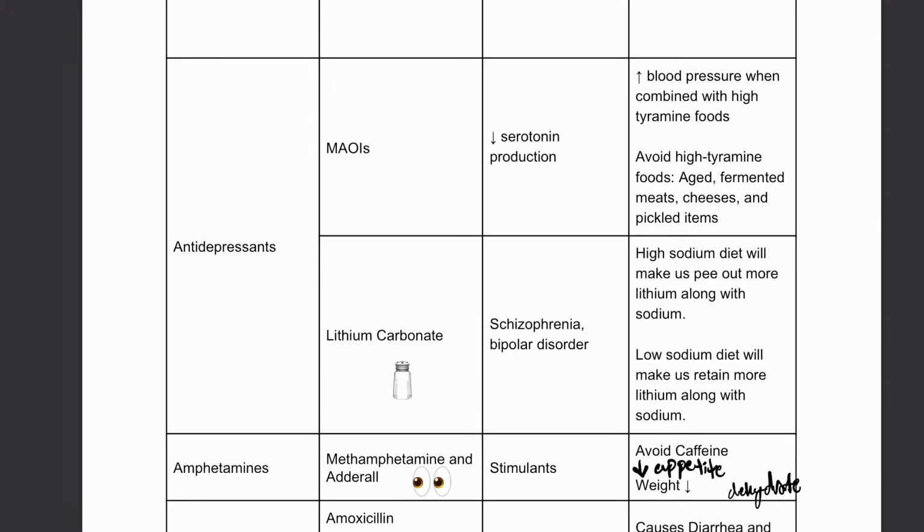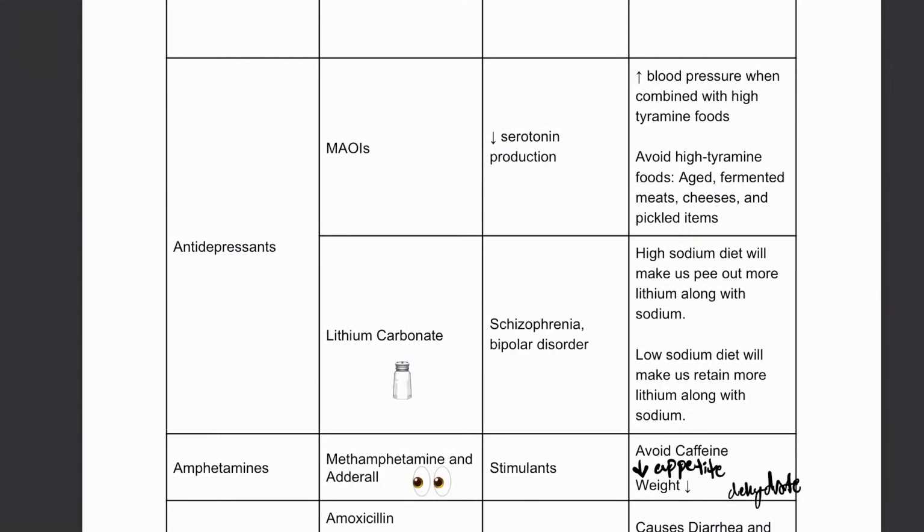Okay. I'm not sure if that makes the most sense, but let's think of it to the other side. If I have a low sodium diet, if I decide, hey, I don't want to do any sodium, then we are going to retain more of the lithium in our blood. Your body is thinking, hey, we don't have enough sodium, right?